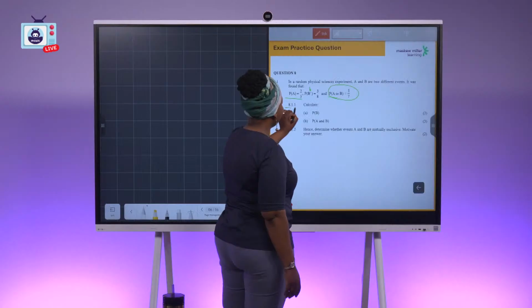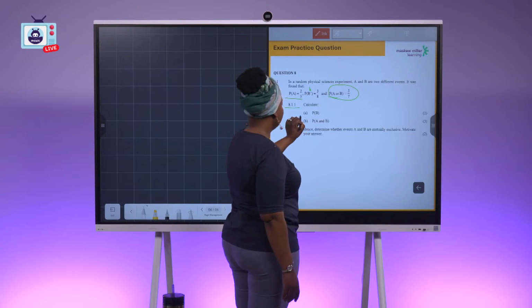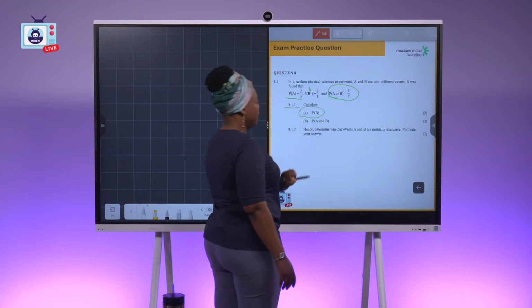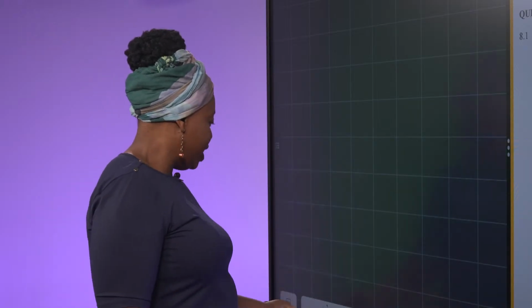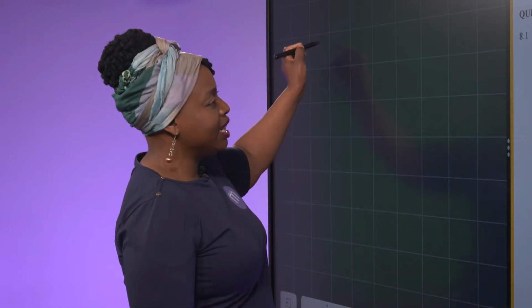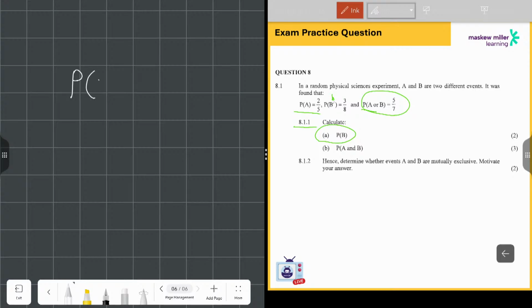Okay, so the question says, calculate. You see, there we are. They now want you to calculate the probability of B. So what did we say? We say the probability of not B is always equal to 1 minus the probability of B. That is how the complementary formula is written, right?